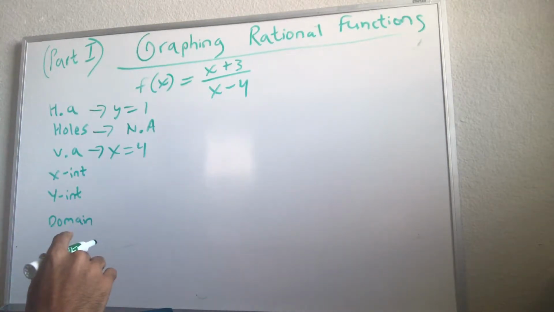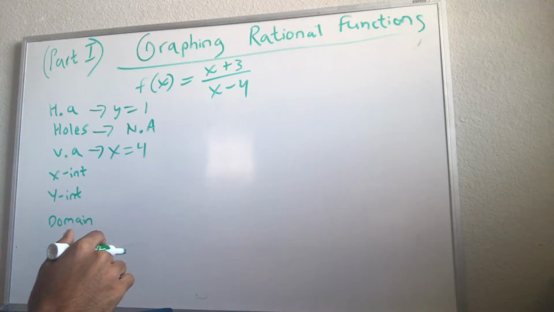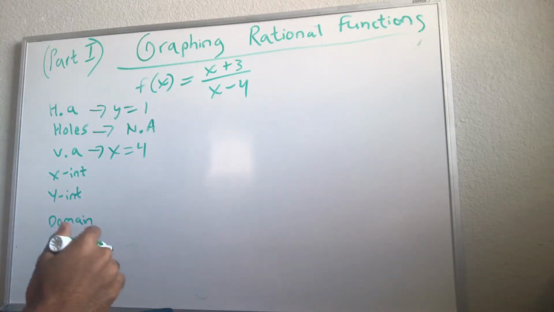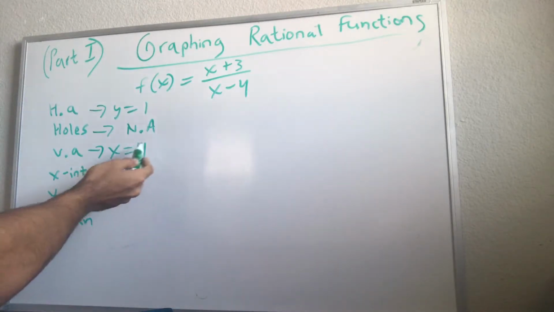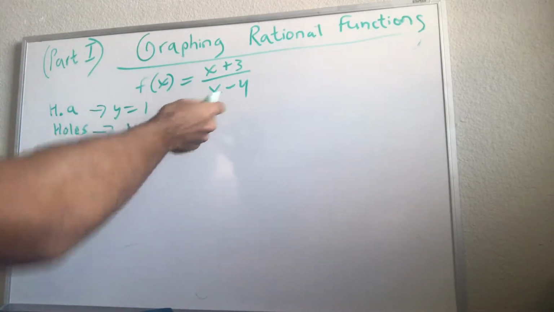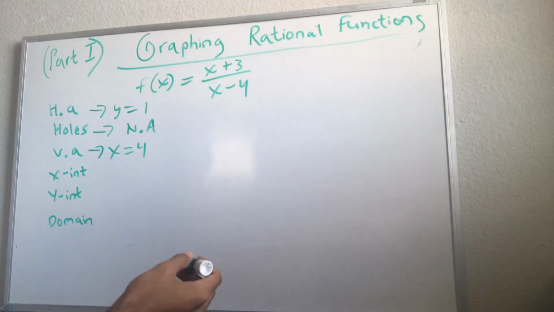In a later lesson, I will go over why your function may in fact cross your horizontal asymptote or your slant asymptote. However, a vertical asymptote cannot be crossed, because if you have x equal to 4, it just gives you a 0 in the denominator, which makes the entire value undefined.